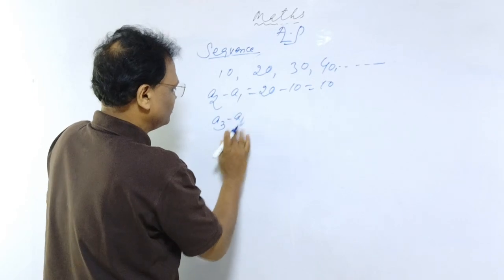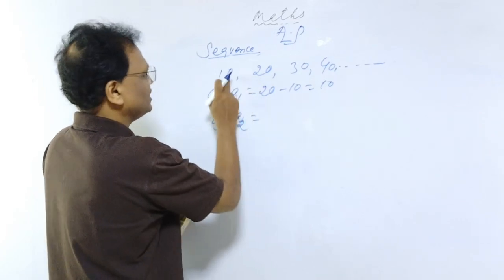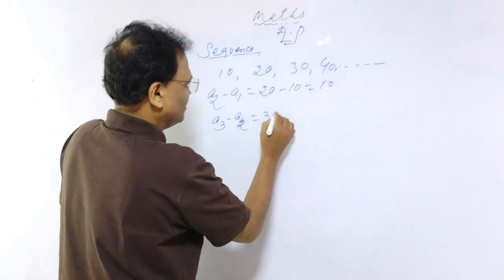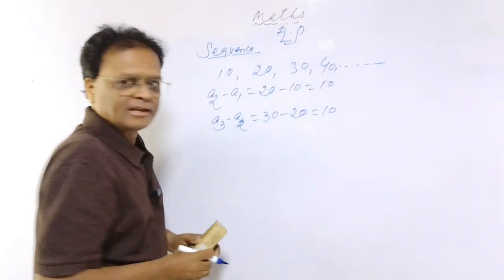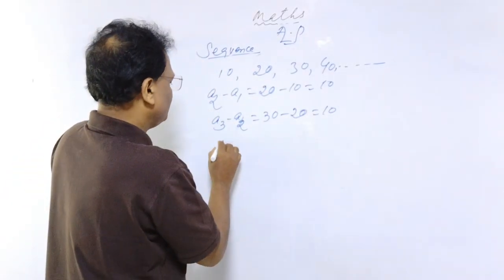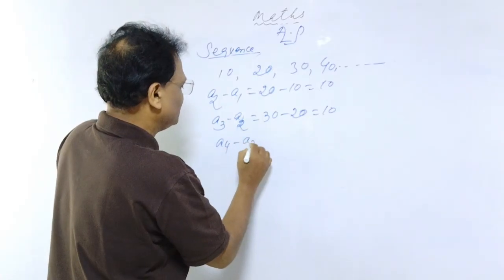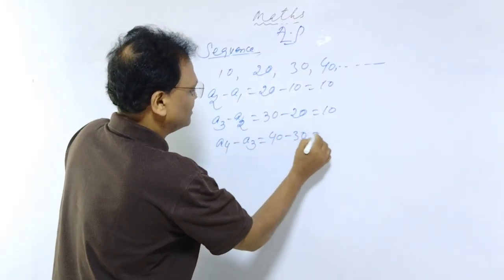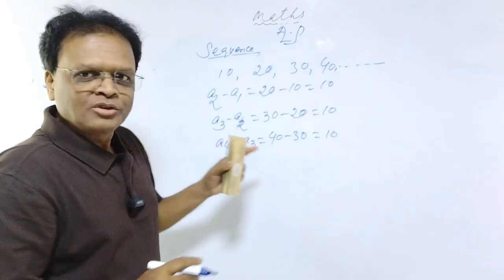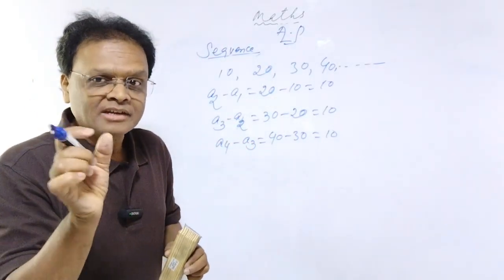A3 minus A2: 30 minus 20 is again 10. A4 minus A3: 40 minus 30 is 10 only. So actually I am finding the difference.